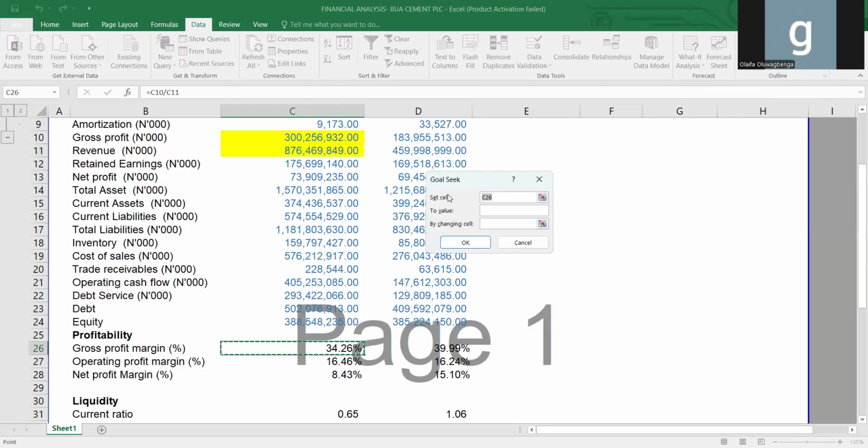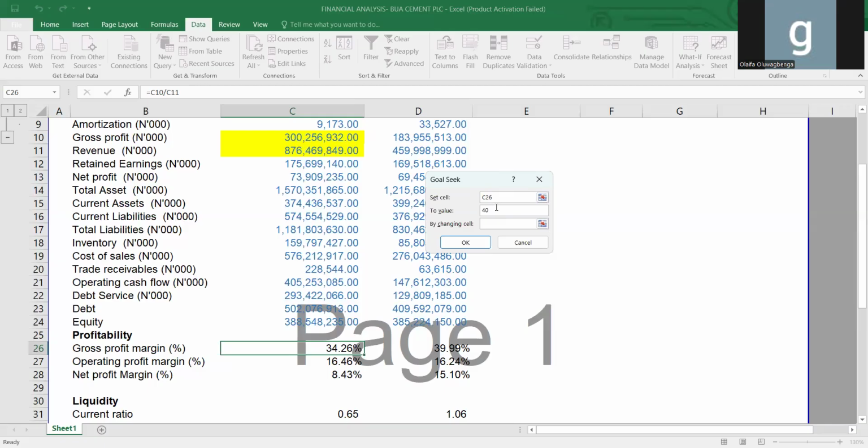Set cell: we pick cell C26 that has the gross profit margin in 2024. To achieve a gross profit margin of 40%, what should our revenue be? What should we make as our revenue? To what value? We want to achieve 40%.